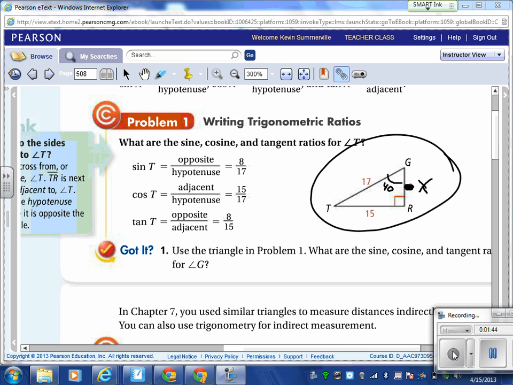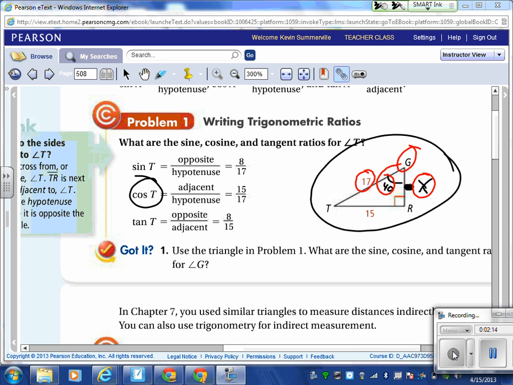If you look at it, they give us the cosine information because x is adjacent to angle 40. They're giving us x, which is adjacent, and 17, which is the hypotenuse, which is the cosine formula. So you'd have to set it up using this formula to do your answer.